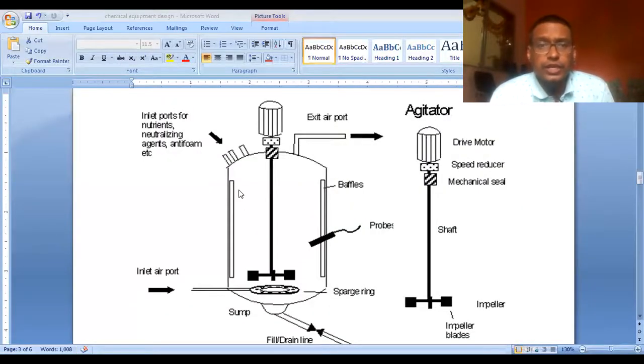Now we will see the industrial scale reactor. This is the general geometry of a reactor.